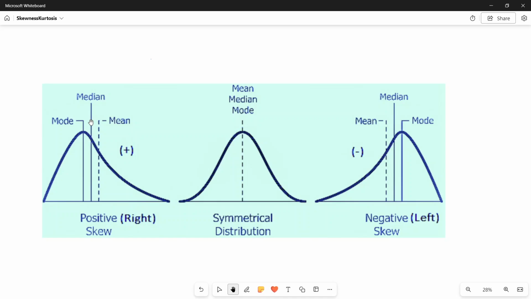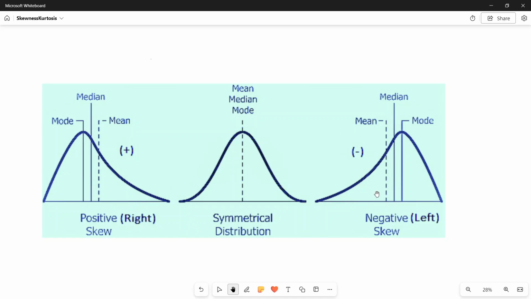Median won't be affected by a few large values on the right side. Median will be approximately still at the center of the data, and mode is the peak of our distribution. So mode will be the least in case of the positive skew. Mode is less than median, which is less than mean. That is the positive skew.